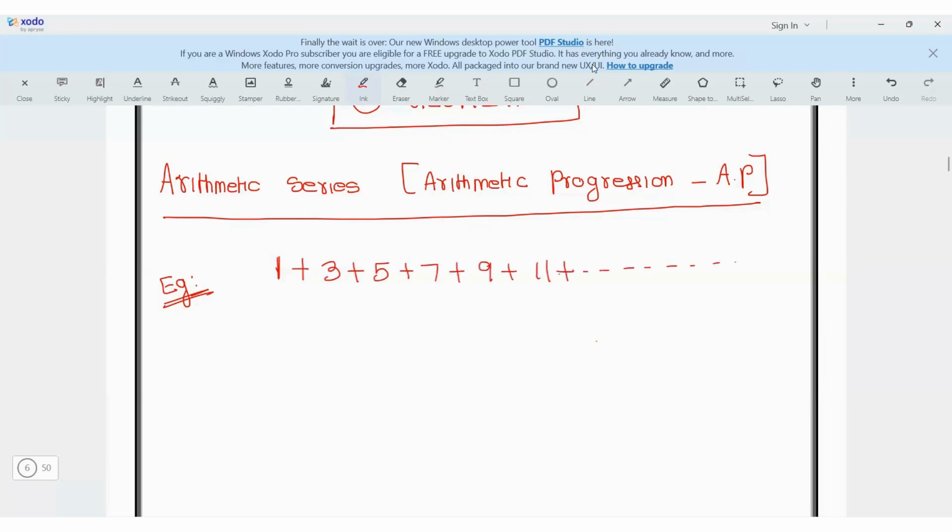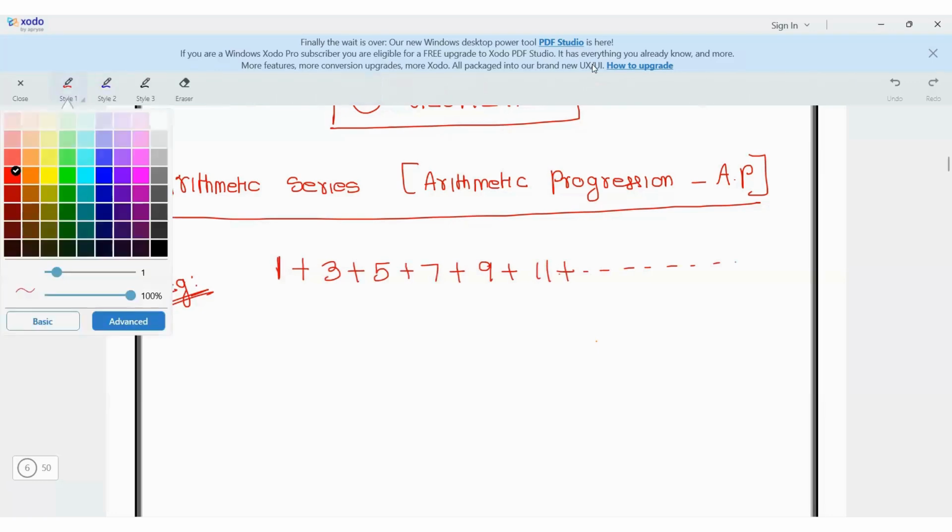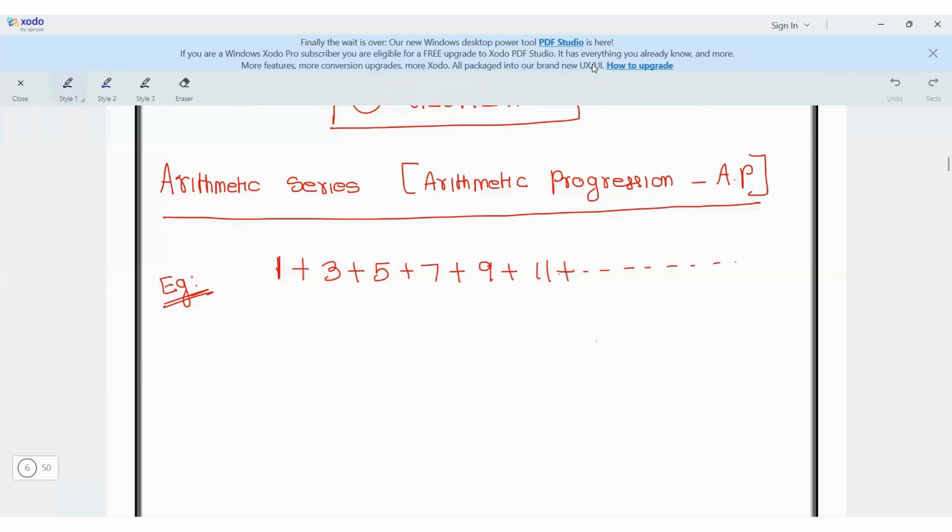What is the peculiarity of this series? Anything specific about this series? I saw it was 1 plus 3, minus 2 or something.